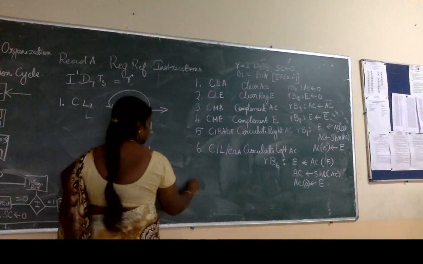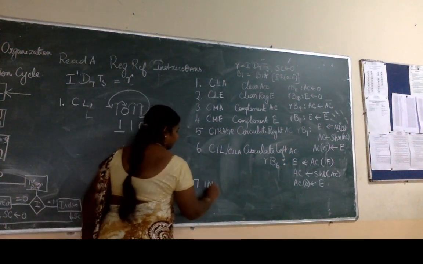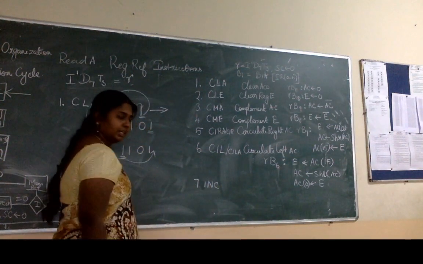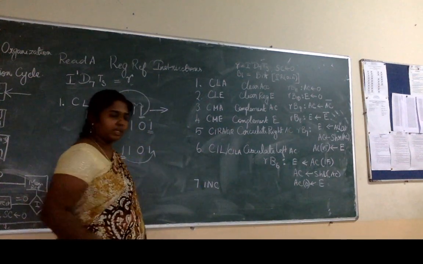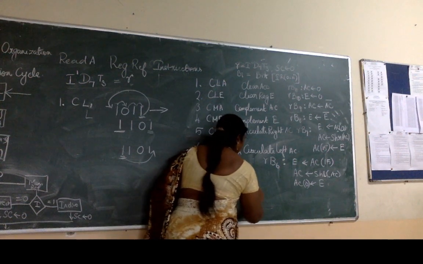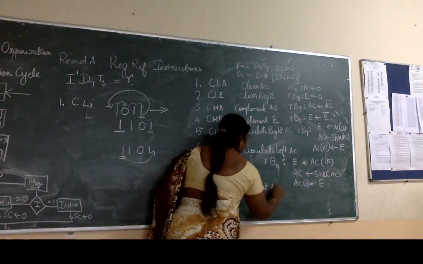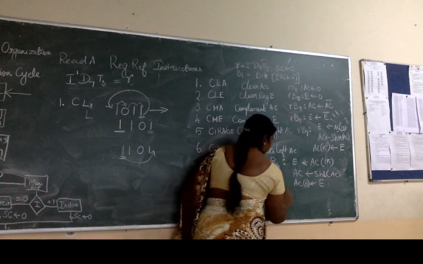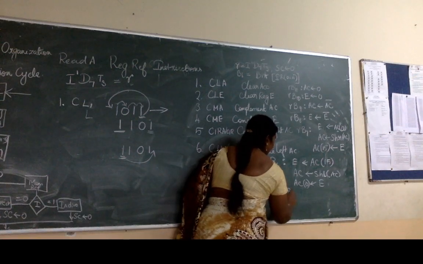The 7th instruction we have is increment. Increment always is done on the accumulator only. So it's called increment accumulator. The control information is RB5.